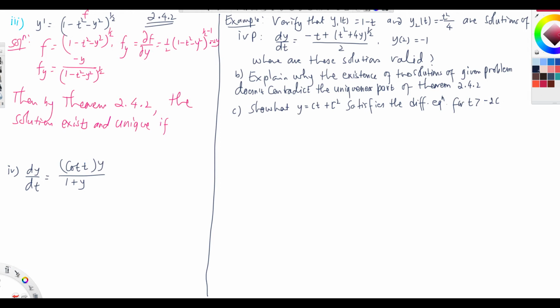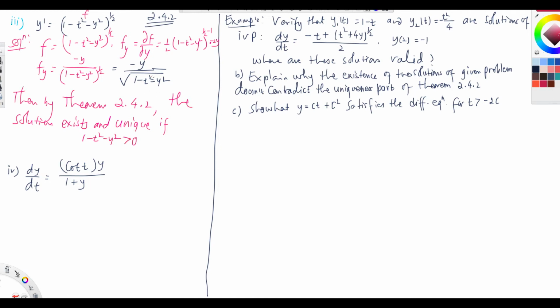Let me write what that means. That means negative y over the root of 1 minus t squared minus y squared, right? This root is defined if t squared plus y squared is less than 1. If t squared plus y squared is greater than 1, then this will be negative under the root, right? So you can write 1 minus t squared minus y squared is greater than 0.